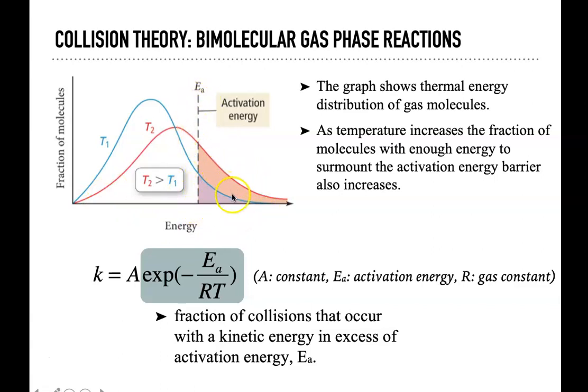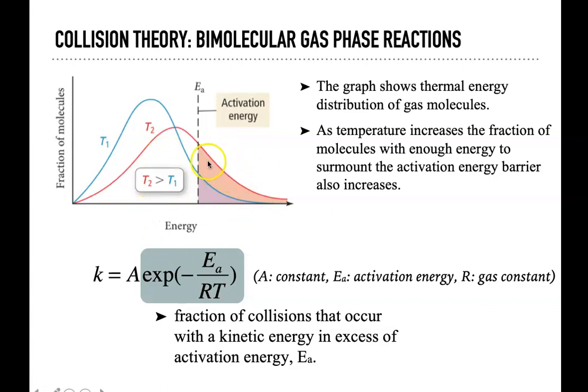So the fraction of molecules with more than the activation energy has increased, and a higher fraction of the molecules gain this much energy. So the probability of the reaction going to the product increases as the kinetic energy increases.